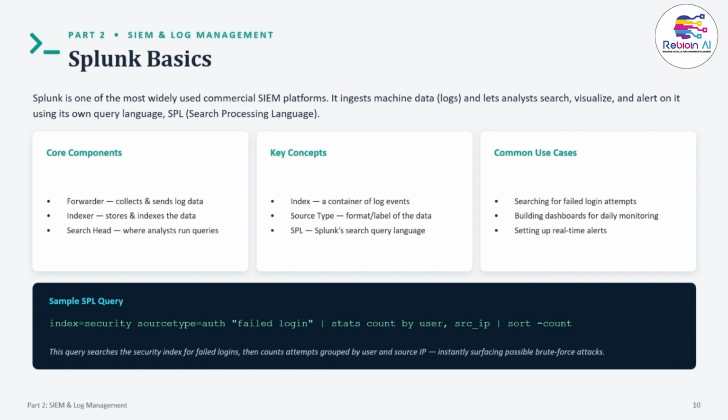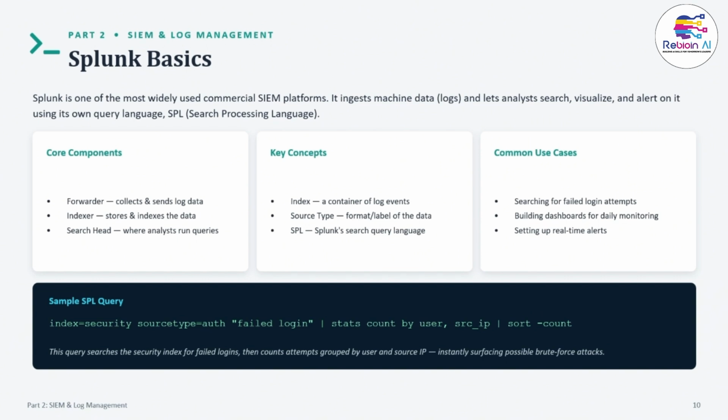Let's start with Splunk, one of the most widely used commercial SIEM platforms in the world. Splunk ingests machine data, meaning logs, and lets analysts search, visualize, and set alerts on that data using its own query language called SPL, that is Search Processing Language. Splunk has three major components.